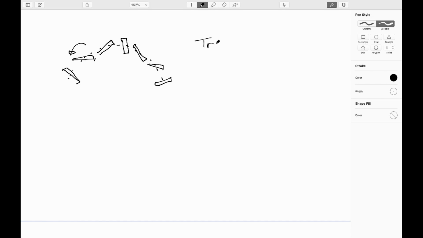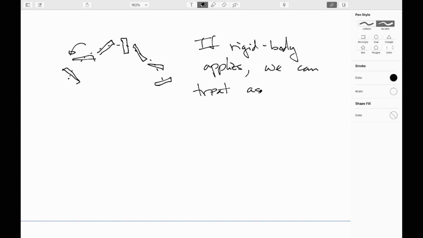So if rigid body applies, we can treat it as translation of the center of mass.